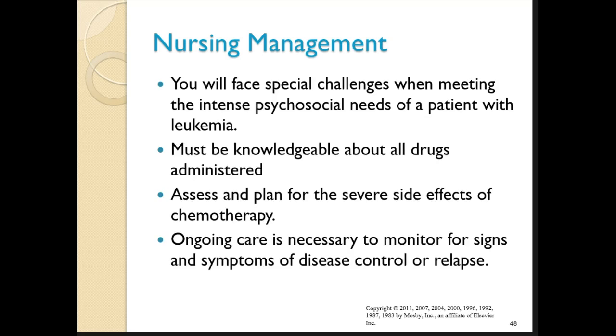Knowledge of drugs includes their mechanism of action, purpose, routes of administration, the usual dosages, potential side effects, safe handling considerations, and toxic effects. In addition, you must know how to assess laboratory data that reflect the effects of the drugs. The life-threatening results of bone marrow suppression require aggressive nursing interventions.